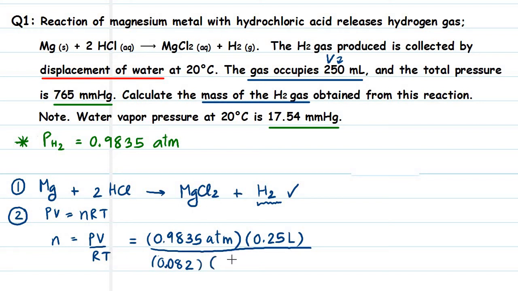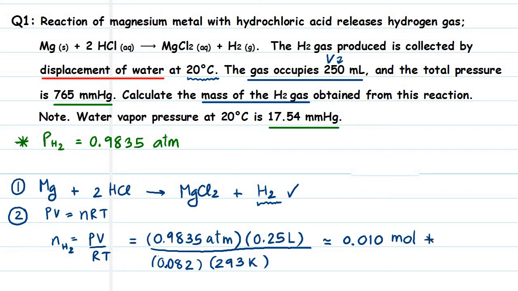And T is 20 degrees Celsius, which is 293 Kelvin. And we should get about 0.010 mole for mole of hydrogen gas.